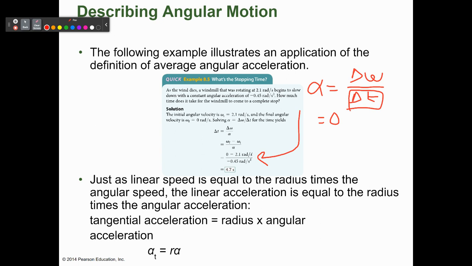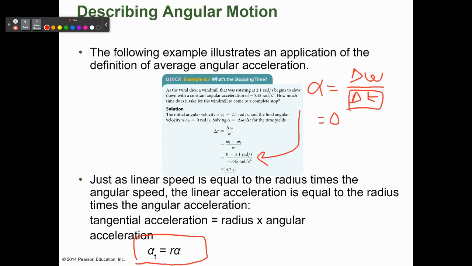Okay. So just as linear speed is equal to the radius times the angular speed, so it is with linear acceleration. Remember, there's a relationship between angular velocity and linear velocity. There's a relationship between angular acceleration and linear acceleration. And you need to make sure you understand that relationship. And here it is right here.